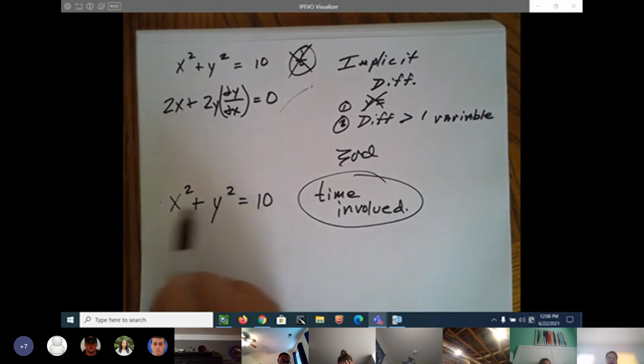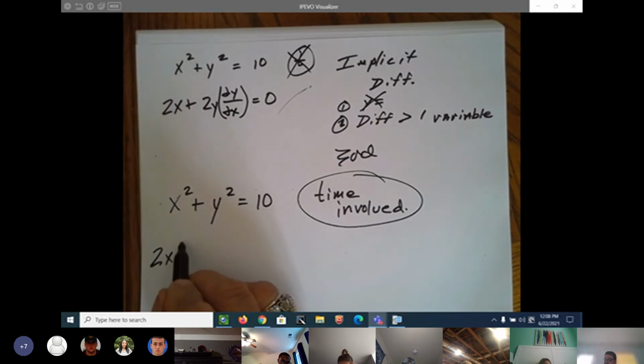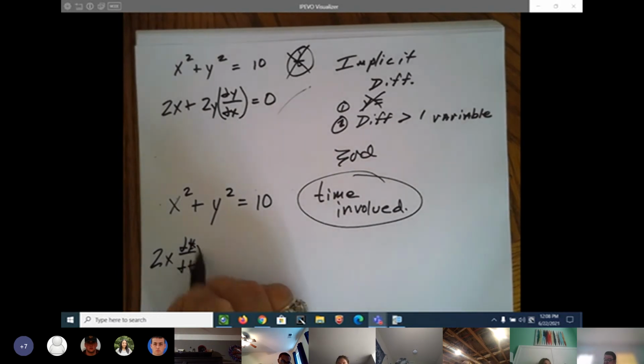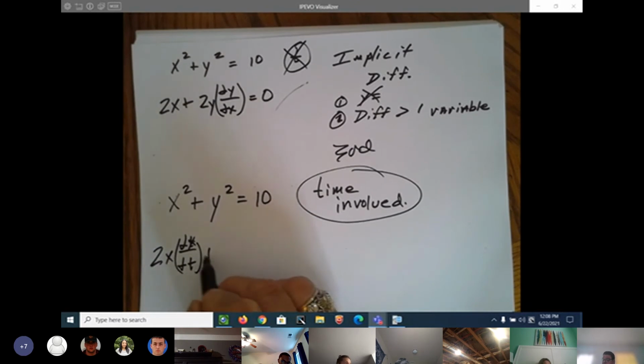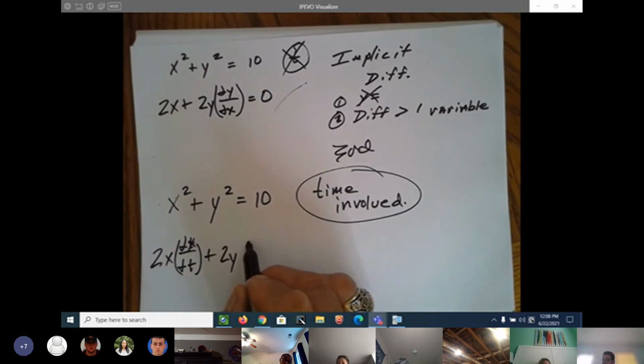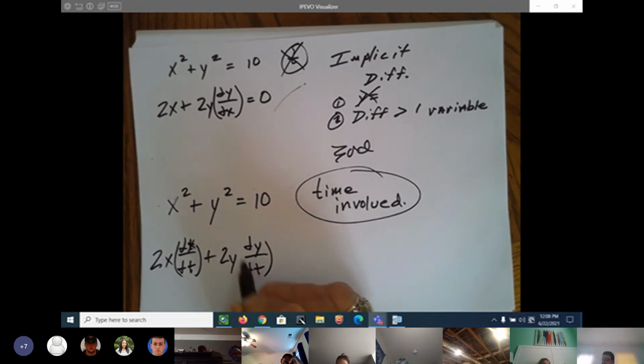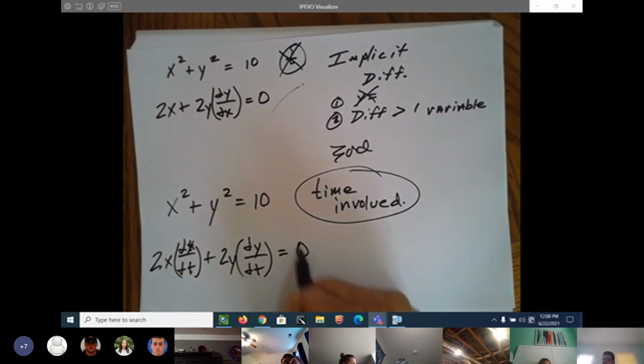So now I'm going to take this with time, and that's going to be 2x dx/dt plus 2y dy/dt is equal to 0.